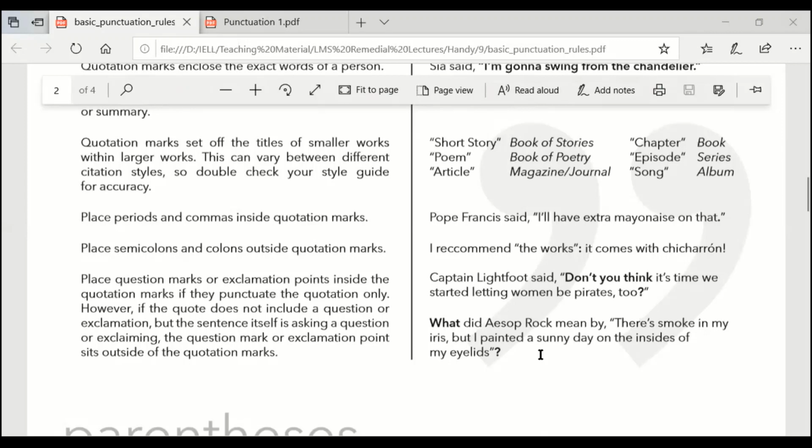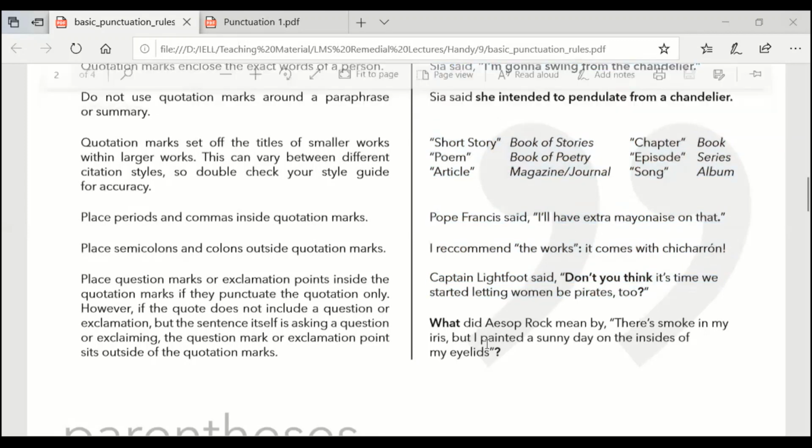But we can use them outside when the complete sentence begins before the quotation marks. This is a little bit tricky, but with practice, you will understand. For example, "Don't you think it's time we started letting women be pirates too?" So this is a complete question that was put forward by this captain.